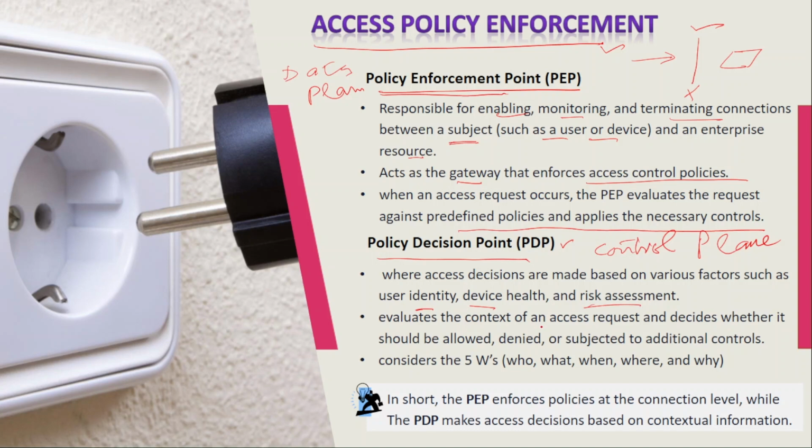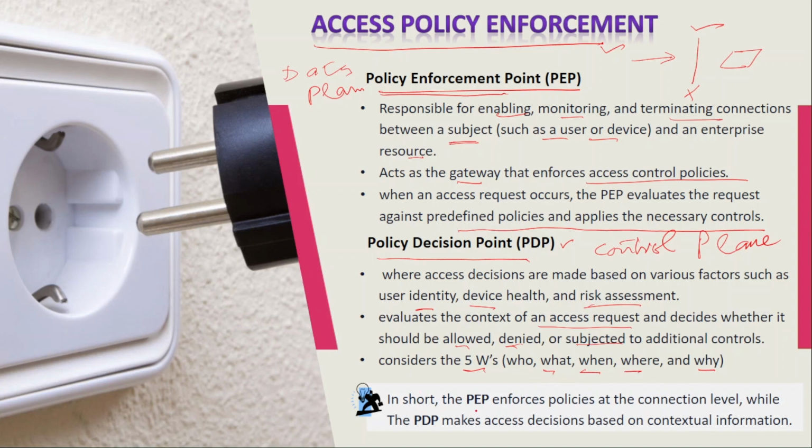It evaluates the context of an access request and decides whether it should be allowed, denied, or subjected to additional controls. The PDP considers the 5 Ws: who is trying to access the resource, what resource is being accessed, when it is being accessed, what is the location of the device or user, and why it requires the access.